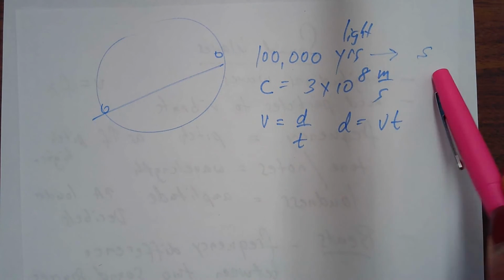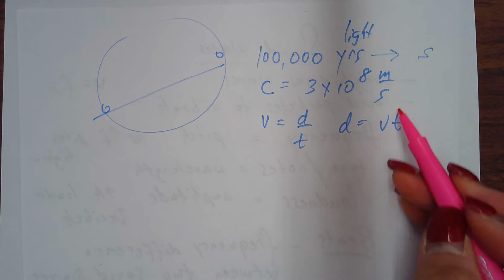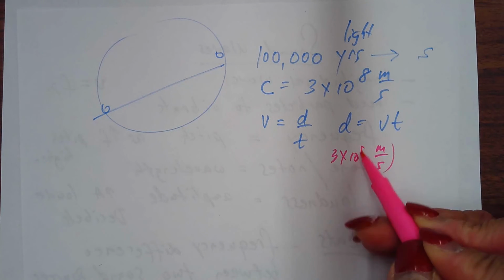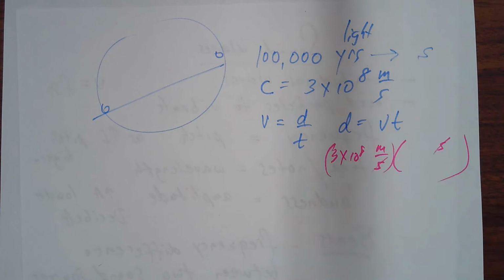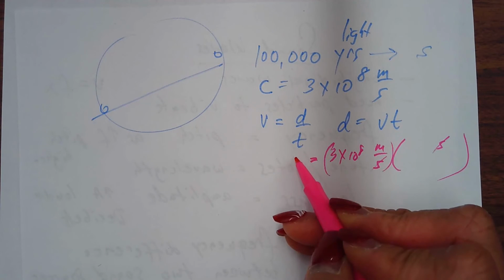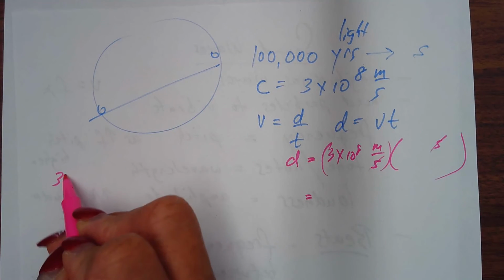So I'm going to get you to convert years into seconds. You have meters per second and a time in seconds, so the seconds cancel, and that will give you your meters. Go ahead, are you doing this now?